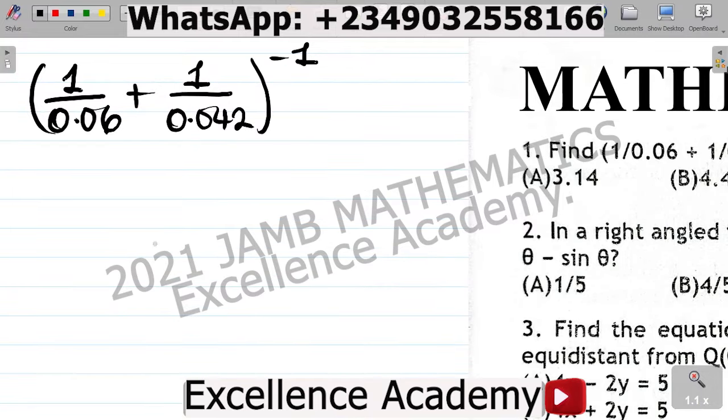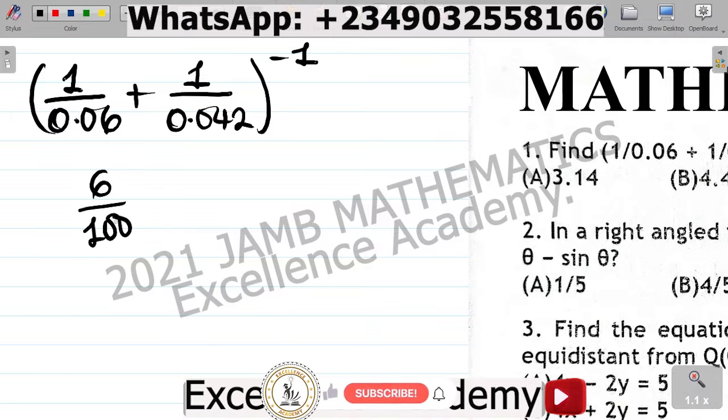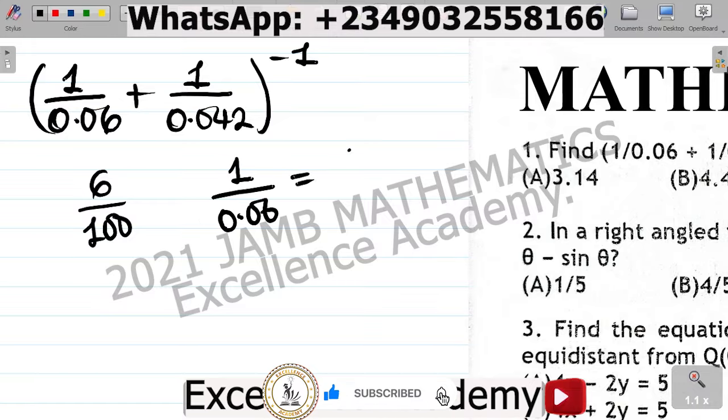The first thing you want to note is that 0.06 is the same as 6 all over 100. And when you say 1 all over 0.06, what you're saying is simply 1 all over 6 all over 100.